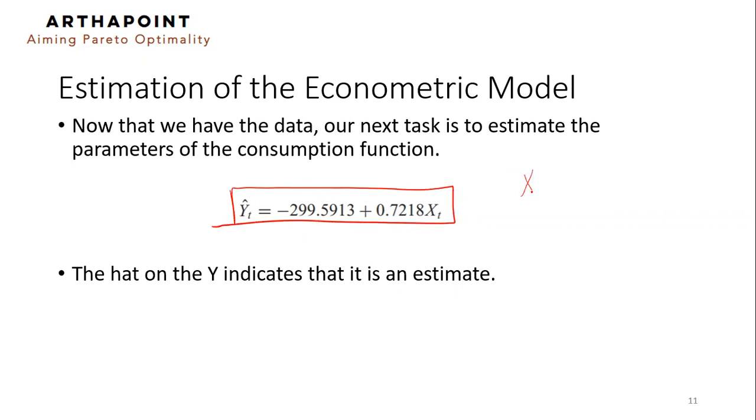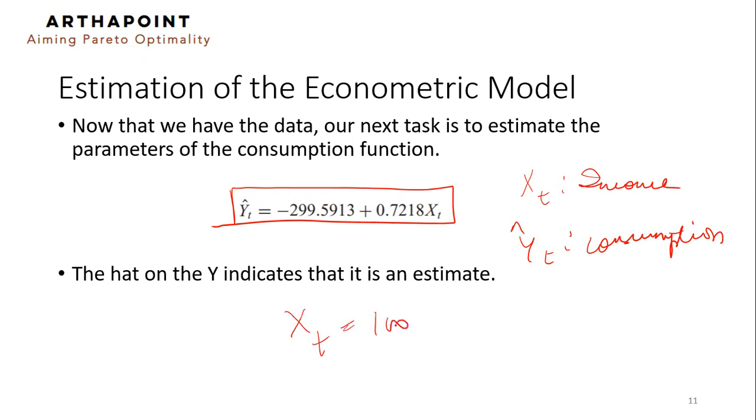This relationship tells you, what is xt? Xt is your income. What is yt hat? That's the level of consumption that you predicted. So this tells me that when my income is 100, my consumption will be minus 299 plus 70.72 into 100.